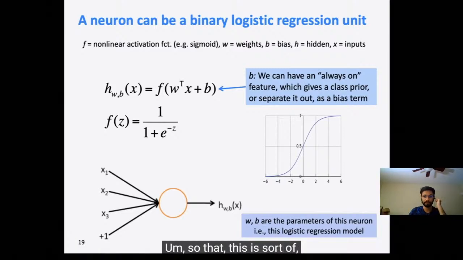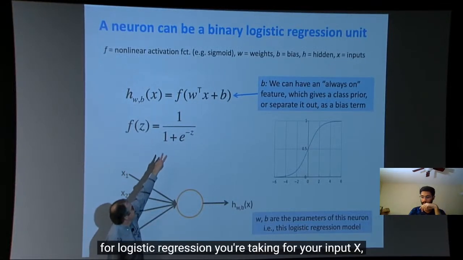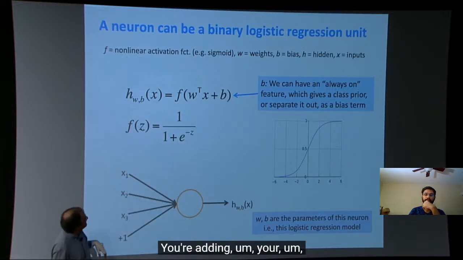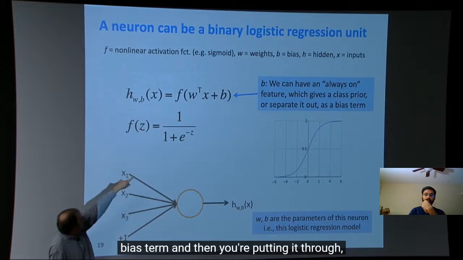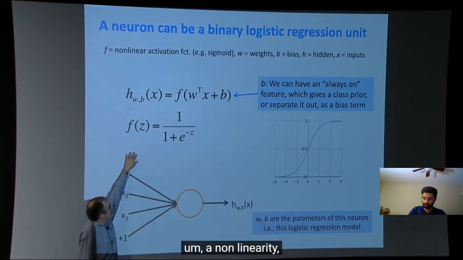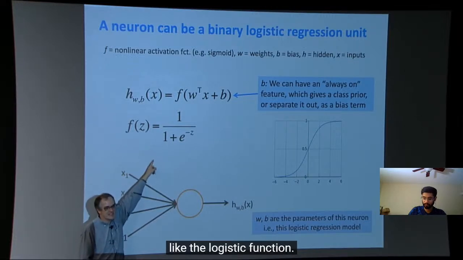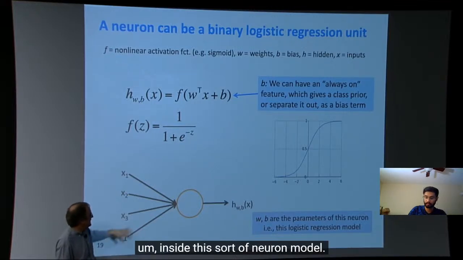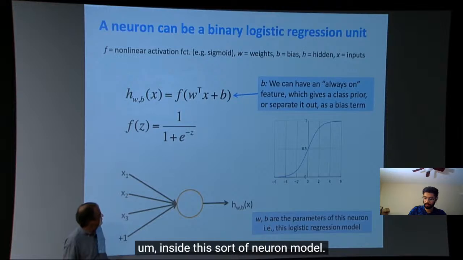For a logistic regression, you're taking your input x, multiplying it by a weight vector, adding your bias term, and then putting it through a nonlinearity like the logistic function. So you're calculating a logistic regression inside this neuron model.